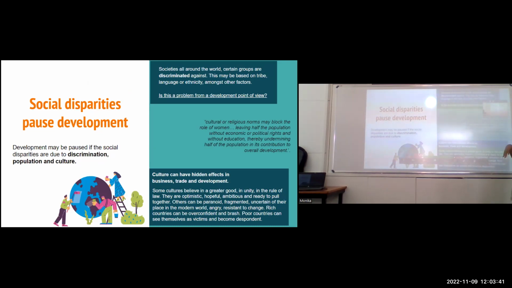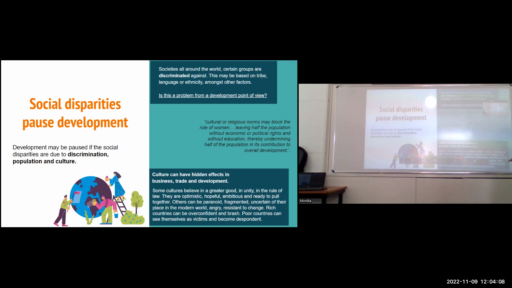The social factor of discrimination is basically when societies put people in discrimination because of factors such as their race, their gender, their ethnicity, their language, and all of that. And so how does this affect development? We're going to look at case studies after I explain each of them.